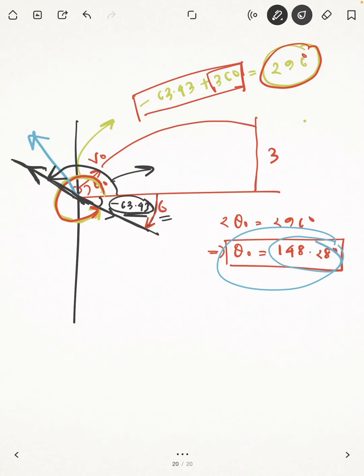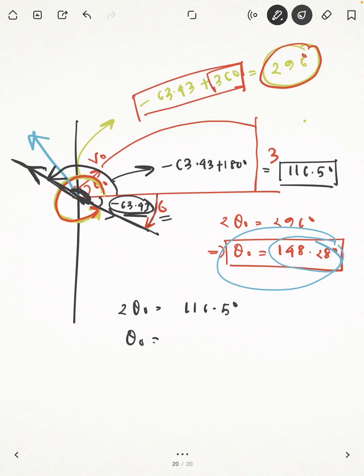This angle should be what? We have this one, and the total angle, this one is 180 degree, so -63.43 plus 180 degree. You are going to end up with 116.5 degree. Okay, so this is 2 theta naught now, 116.5 degree.